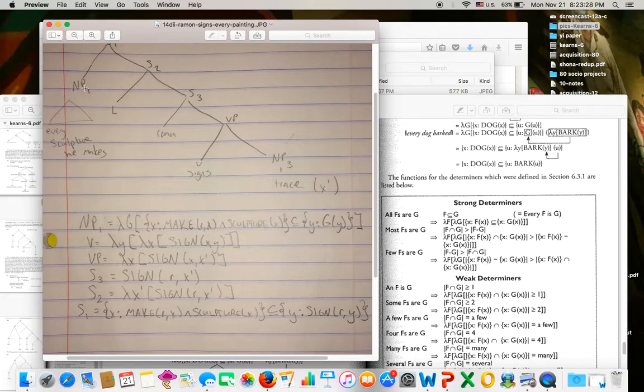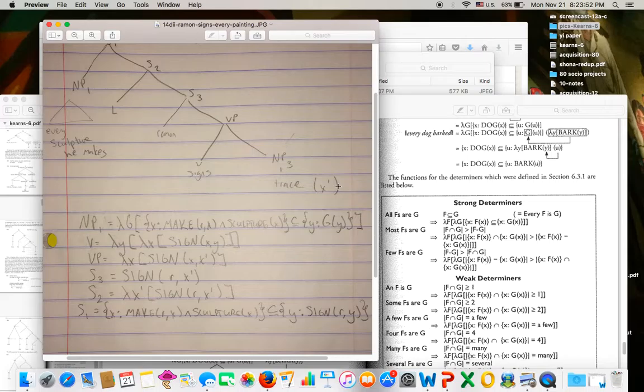We have this NP1, right, which I copied over from the bottom of the previous page. And now the verb signs is a two-place verb, right? Lambda y, lambda x, sign xy. It's a two-place predicate. And then the VP is what's going to happen is that the lambda y is going to be filled in by this x prime constituent.